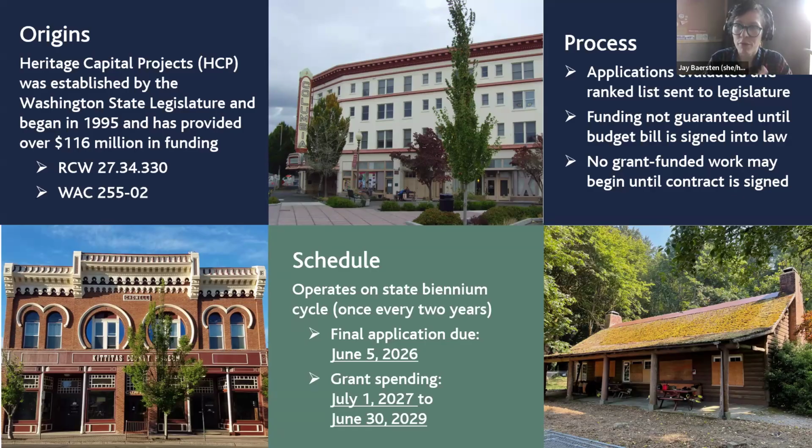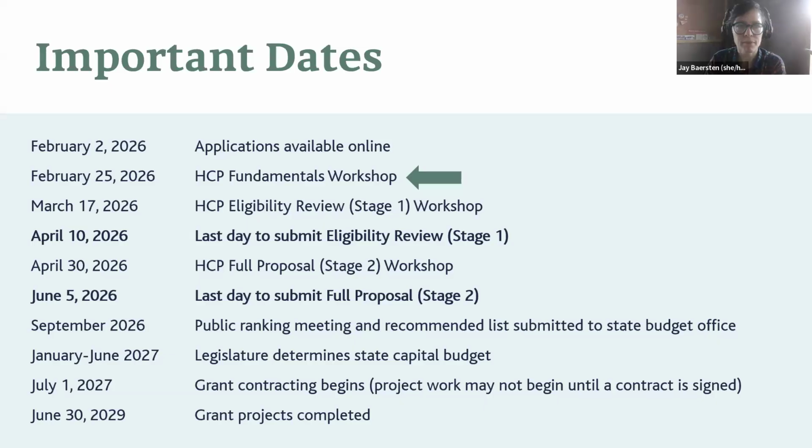They will score them and rank them, and then we submit that list up to $10 million to the legislature, and the funding is not guaranteed until the legislature adopts that list in the Washington State Historical Society's capital budget, and then no work can start until the budget starts. We can start spending on that state budget, which is July 1st of 2027. So there's some process notes.